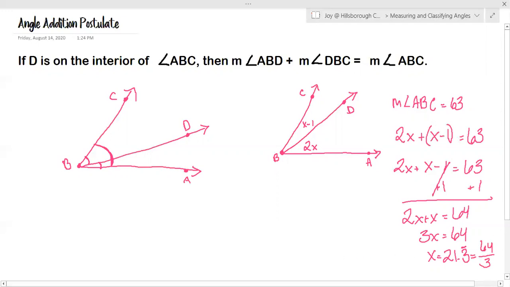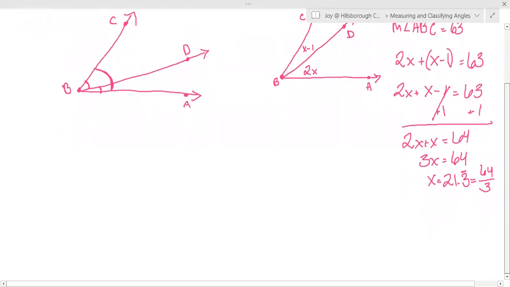Alrighty. So let's go ahead. I'm going to go ahead and give you some to try, and then you can pause the video, work them through, and then you can play it when you're ready to see it worked out. So let's go ahead and give this one a try.